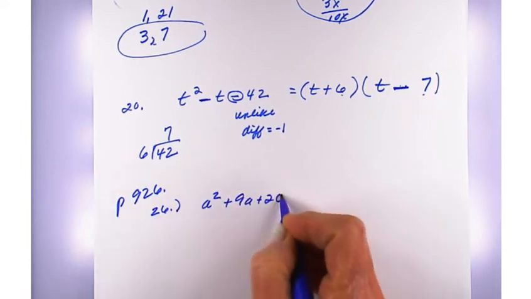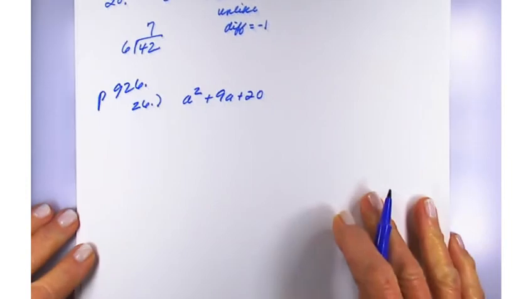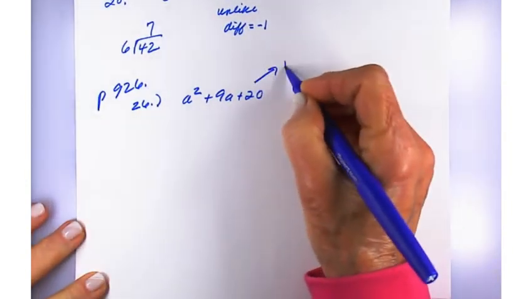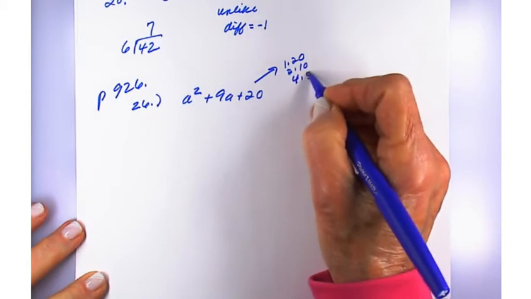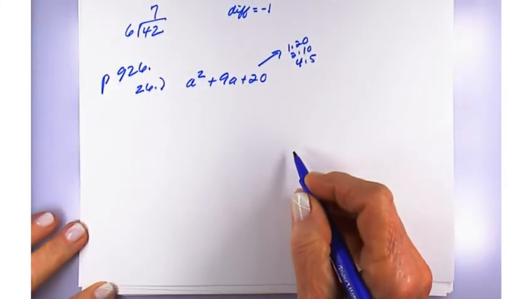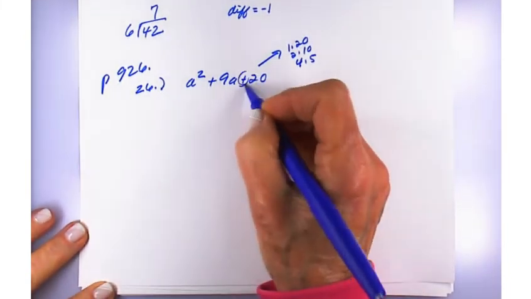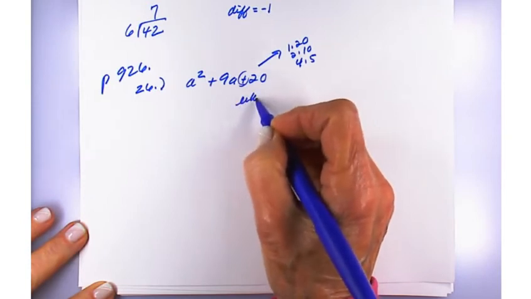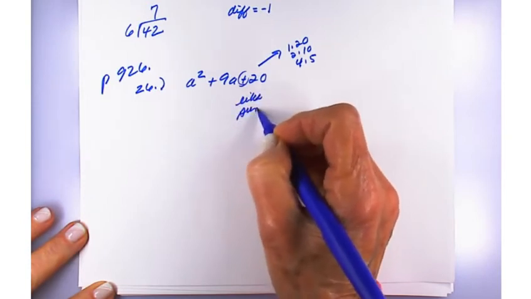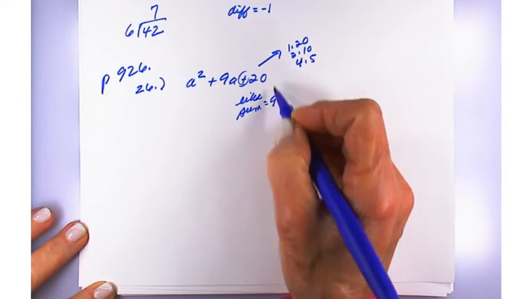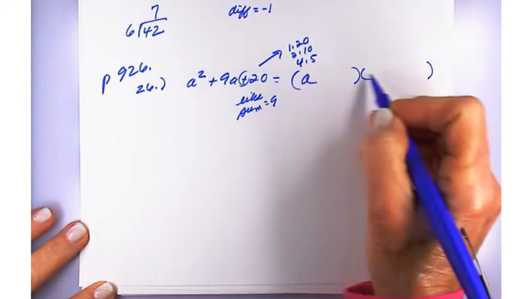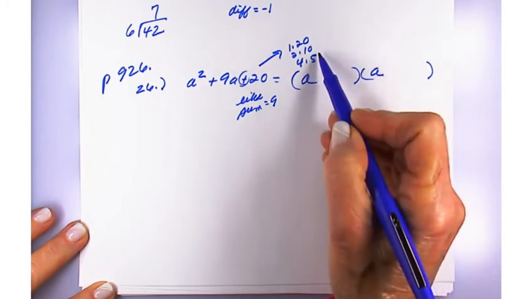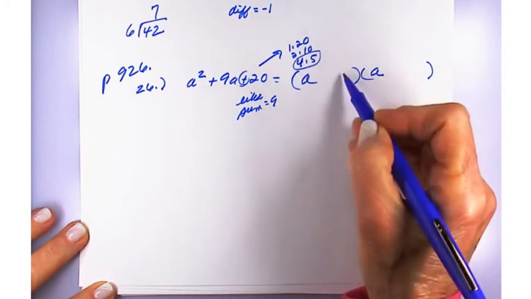If you don't need the box, you're going to go 1 and 20, 2 and 10, 4 and 5. The signs are like, so I need a sum equal to 9. Scoop, scoop. A and A, the sum that equals 9 is 4 and 5.